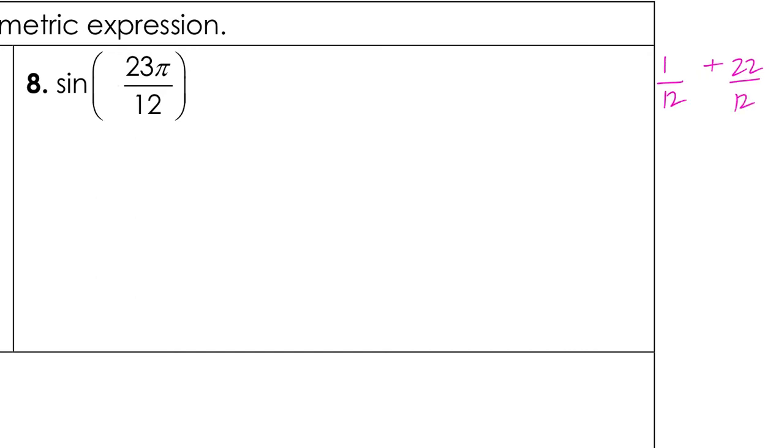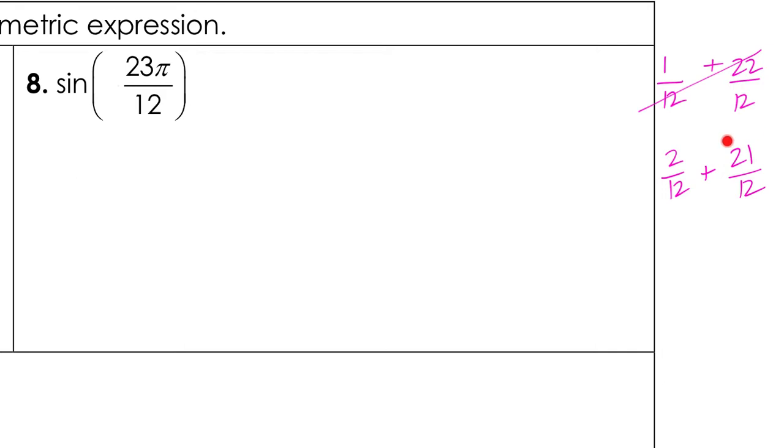The problem is 1 over 12 doesn't simplify, and I need it to, because when you look at your unit circle, none of the radians have 12 at the bottom. So this one is out. Next thing I can try is 2 twelfths plus 21 twelfths. Just double check, 2 plus 21 does equal 23.